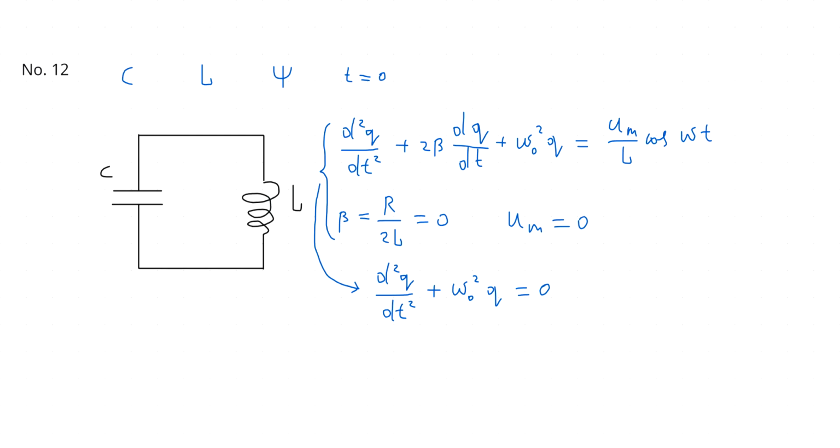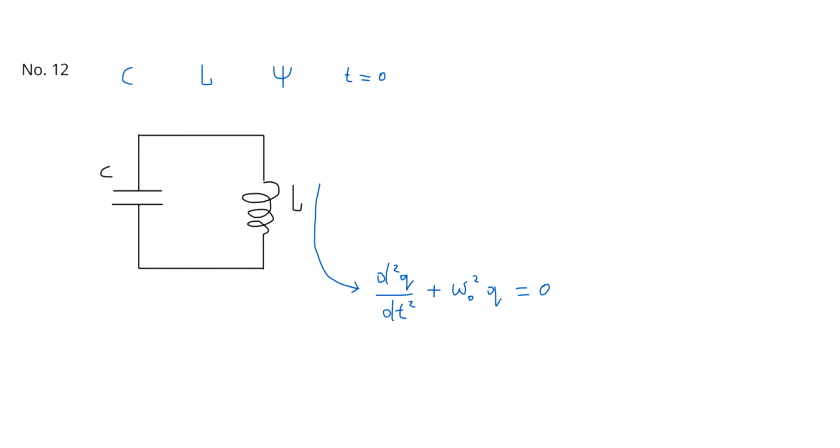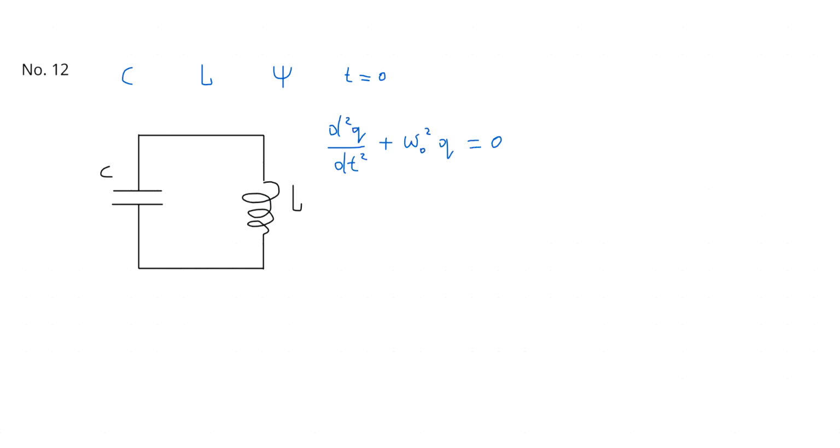Okay, so I will hide this, and we have the differential equation for oscillations in this simple LC circuit.